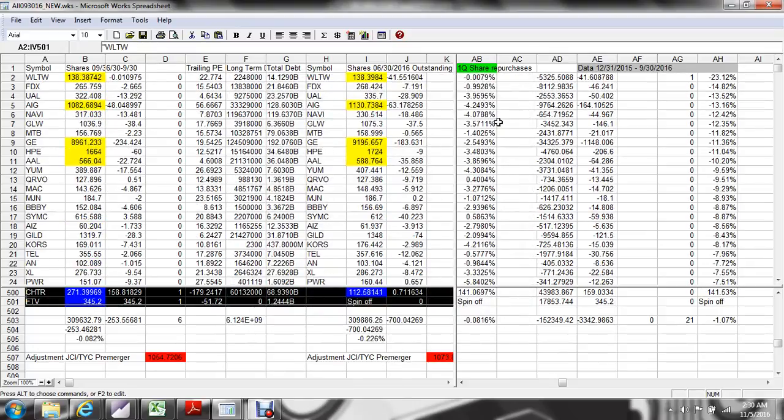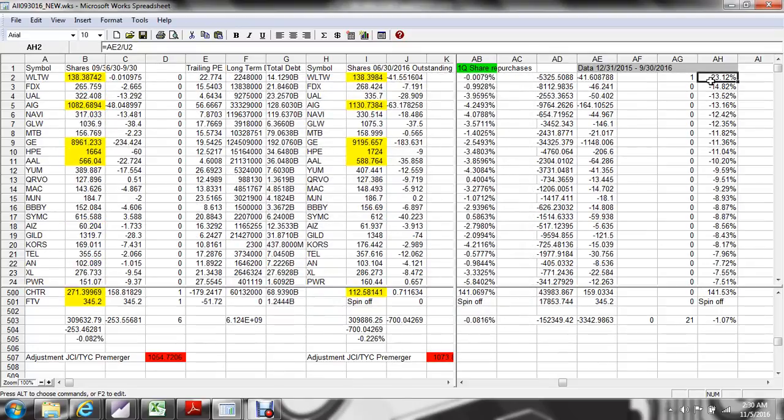Now, you can see here the highest share reduction. Not all these share reductions are the result of repurchases. The highest share reduction, by Willis Towers Watson, was the result of a merger.